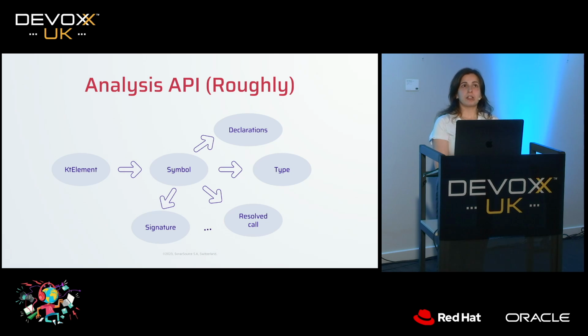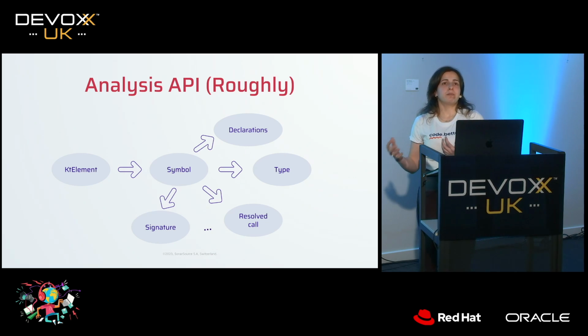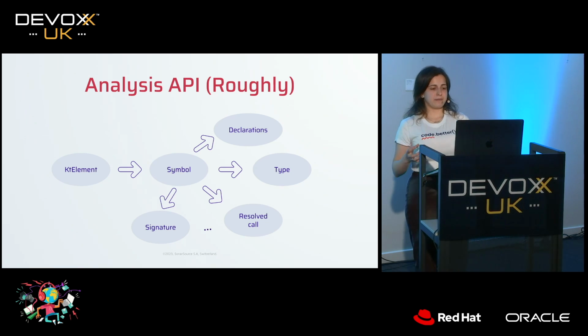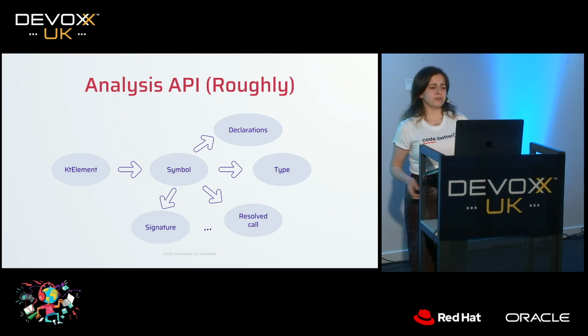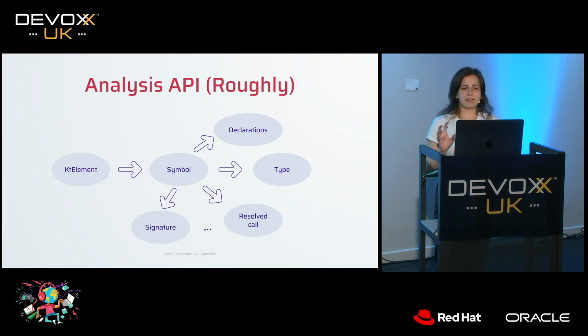Analysis API is closer to other compilers that we worked with at Sonar. For example, for Java we use ECJ, and in ECJ the main thing is a symbol. The same for Analysis API. The main citizen there is a symbol, and from a symbol you can get other stuff like types, signatures, and so on. Of course, this is very rough.